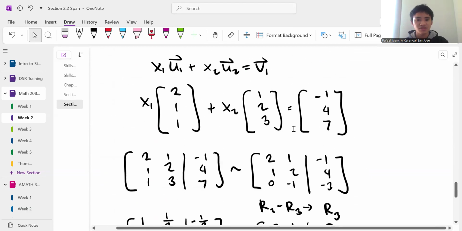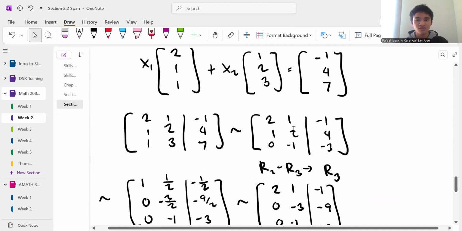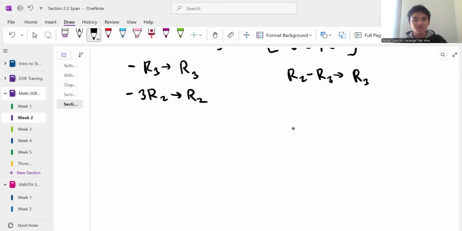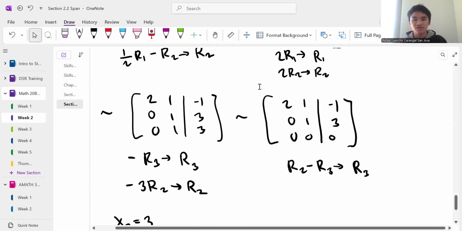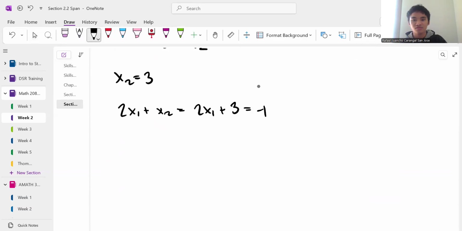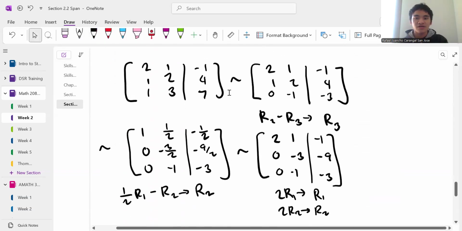So back substituting this, we say that x sub 2 is 3. Then 2 x sub 1 plus x sub 2 is 2x sub 1 plus 3 is negative 1. So we say x sub 1 is negative 2. This is minus 4 divided by 2, minus 2. Yeah, and we got it.